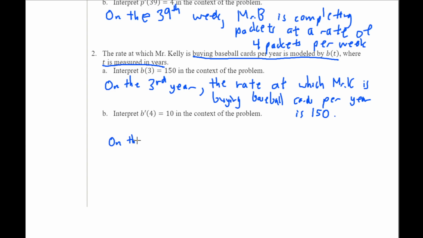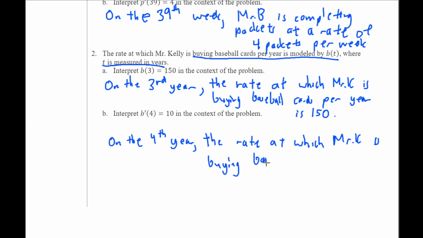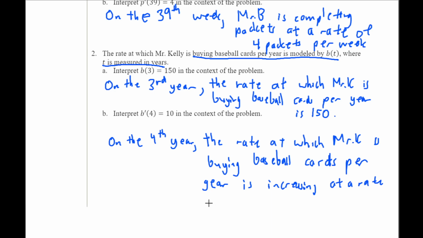So on the 4th year, the rate at which Mr. K is buying baseball cards per year is increasing at a rate of 10 cards per year.